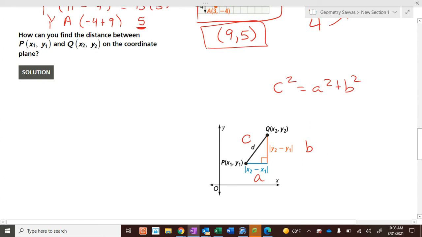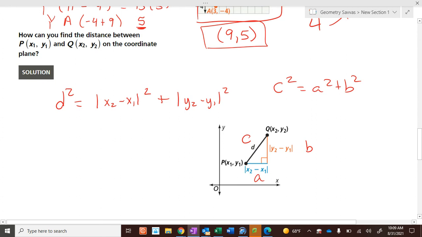And we'll deal with the Pythagorean theorem a lot more later, but it helps us to find the distance between 2 points. Because c is the distance here. So the distance squared equals the difference of the two x values, and you're squaring that, and the difference of the two y values, and you're squaring that.